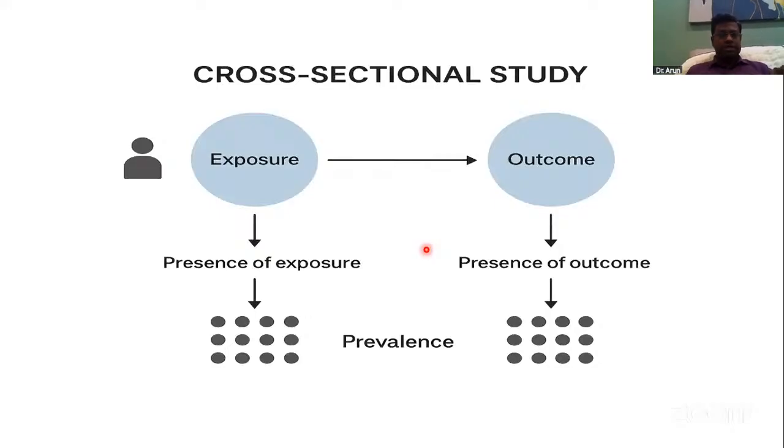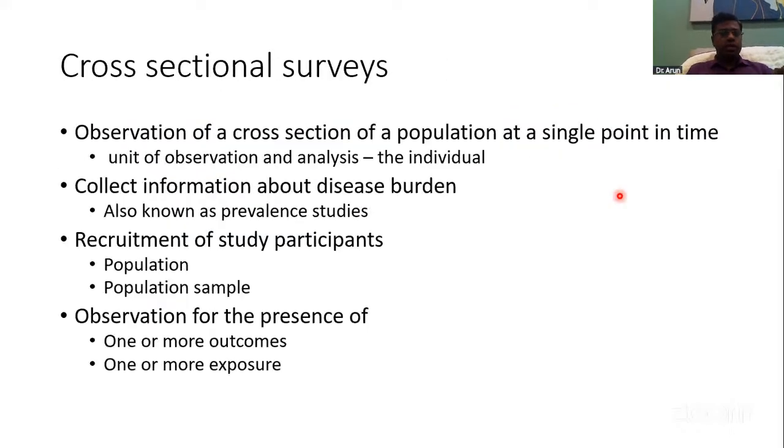Coming to cross-sectional study, this is an important study. In a cross-sectional study, you will get particular information at a specific point of time, and you will assess both exposure and outcome at the same point of time. It is observation of a cross-section of a population at a single point in time.